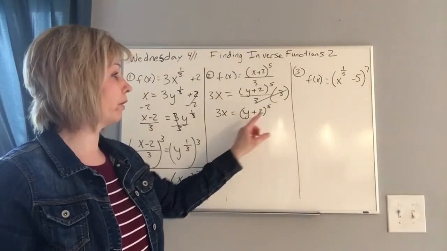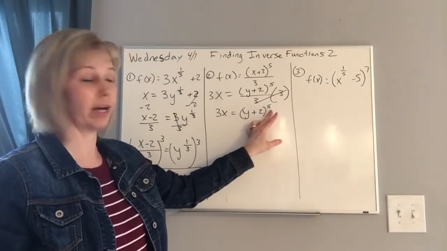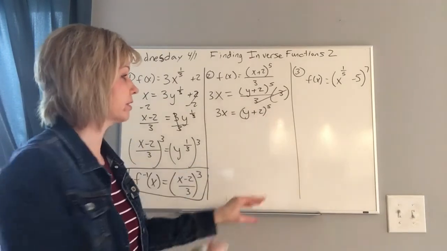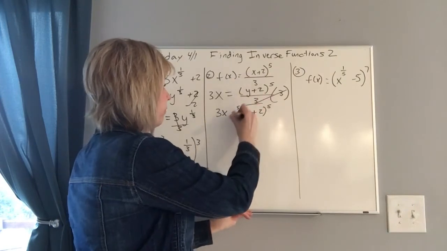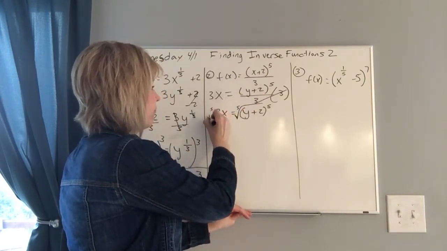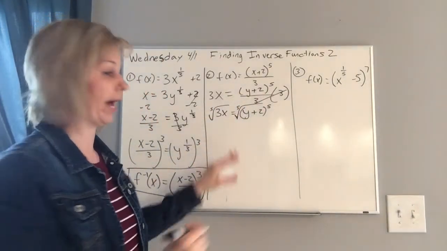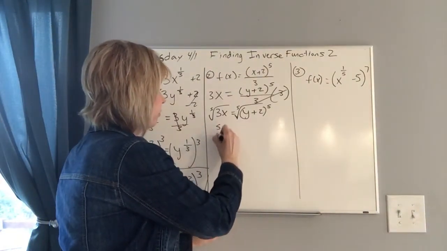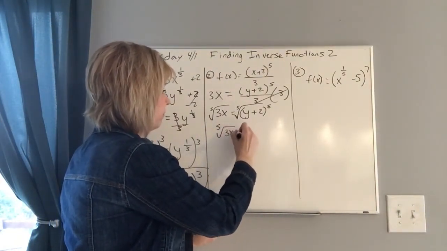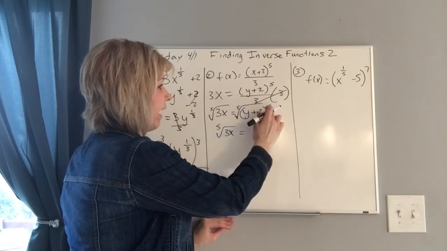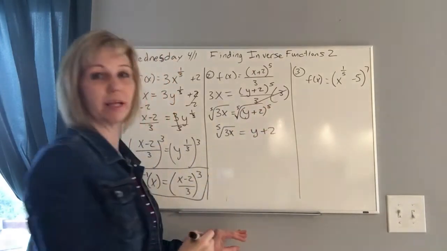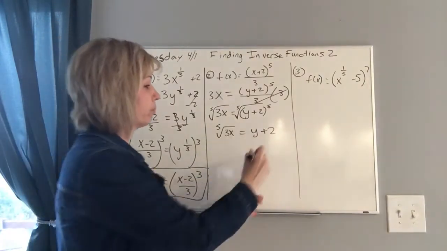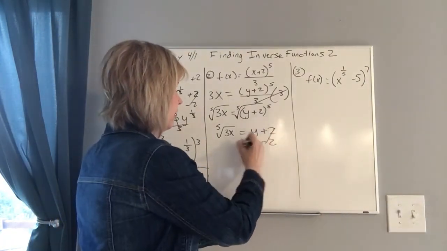Okay, and so then you can't get rid of the plus 2, you have to undo the power because it's in parentheses. What undoes the power of 5 would be the 5th root. So you're taking the 5th root of the quantity 3x. So we have the 5th root of 3x equals, these cancel, 5 and 5, power and root undo each other. We're left with y plus 2, and then we get rid of the plus 2 after by subtracting 2 from both sides.